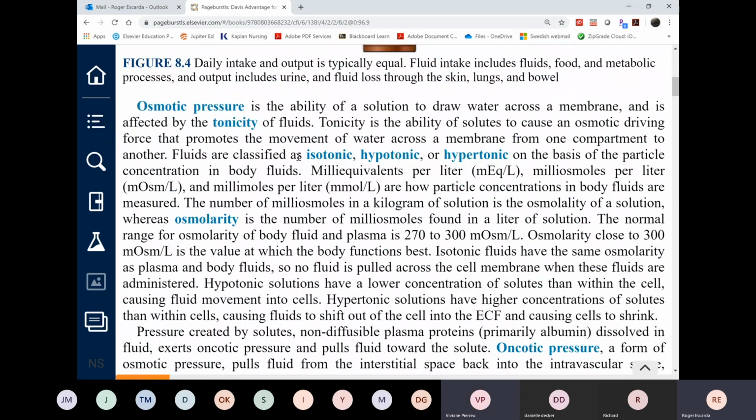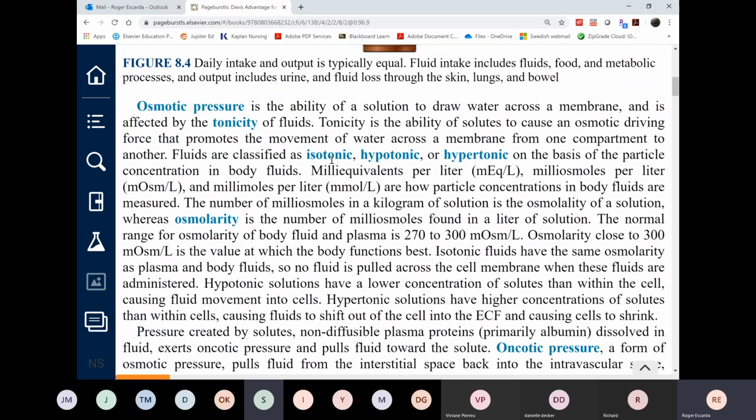So let's review. In an isotonic solution, examples are normal saline and LR, lactated ringers. Where will isotonic solutions go if you administer them to a patient, since it's the same concentration as plasma?